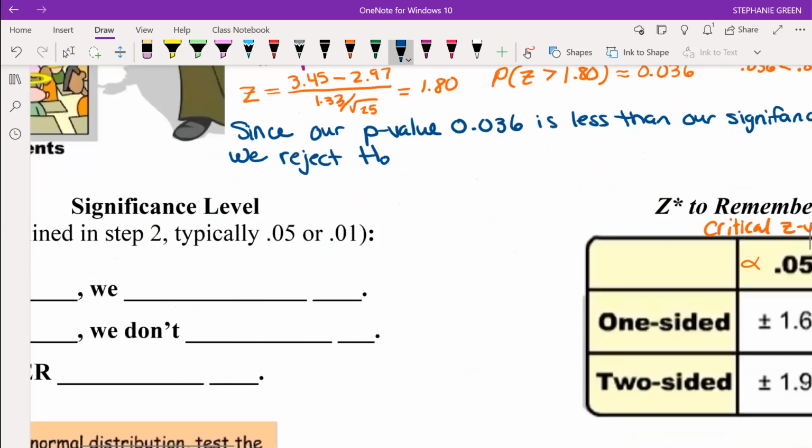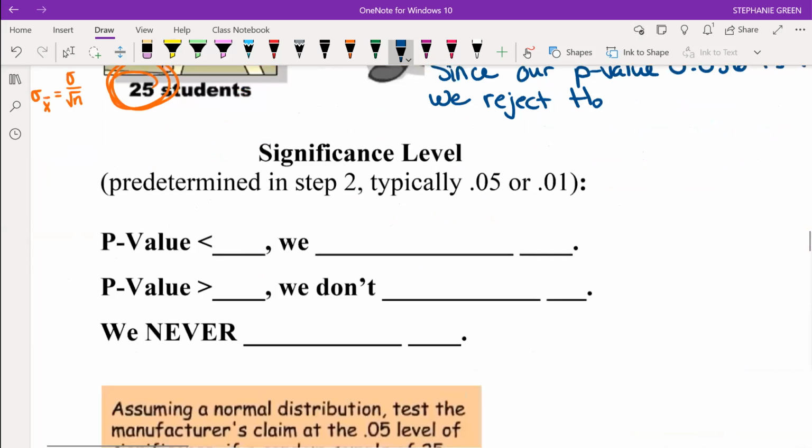Okay, and so that's what we have down here. If our p-value is less than alpha, we reject the null hypothesis. And remember, that's what we wanted to do. We wanted to reject the null hypothesis because that supports the alternative hypothesis, which is that her students are gifted.